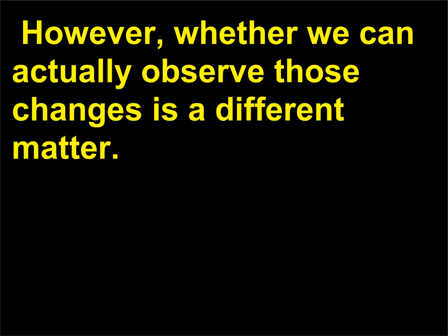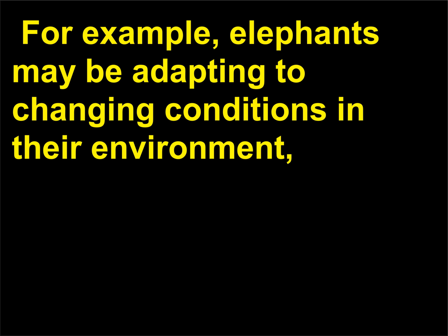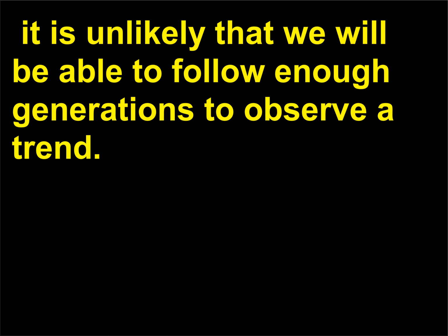However, whether we can actually observe those changes is a different matter. For example, elephants may be adapting to changing conditions in their environment. But since they tend to be extremely long-lived, it is unlikely that we will be able to follow enough generations to observe a trend.